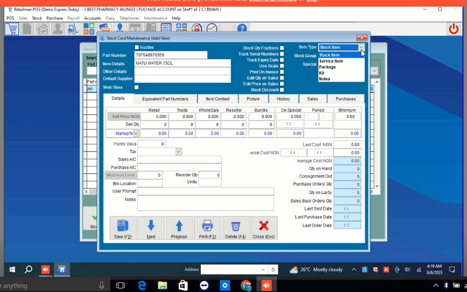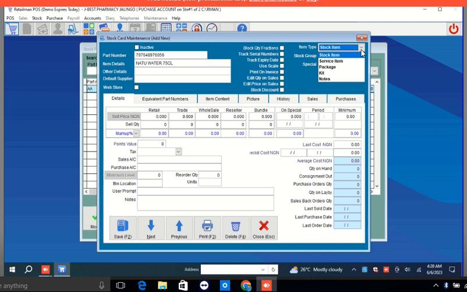Service items are the services you render, that are not stock. Just like in the pharmacy, let's say you are giving an injection. You create the service name, injection, so that you can use it to attend to customers. When you give an injection, you charge a fee for it.